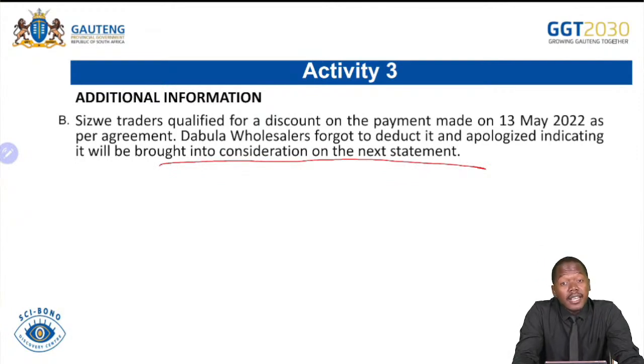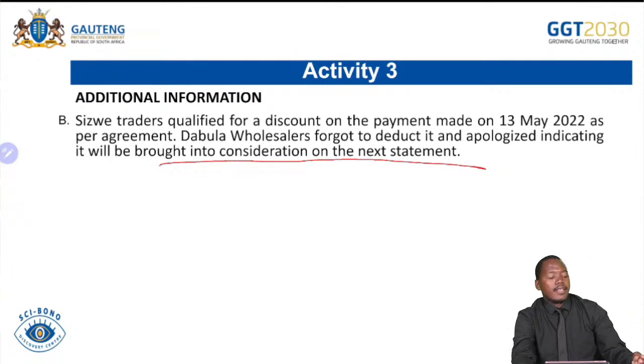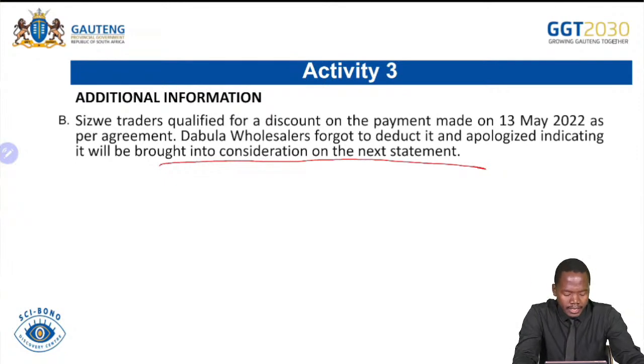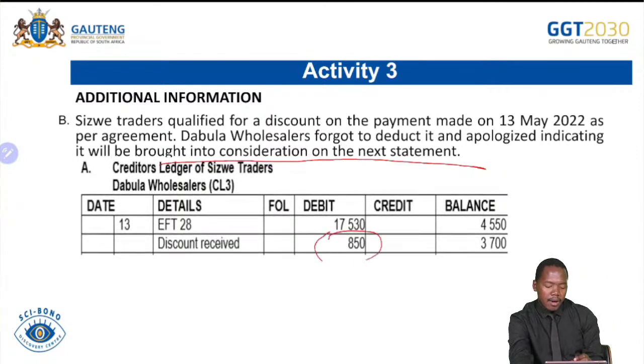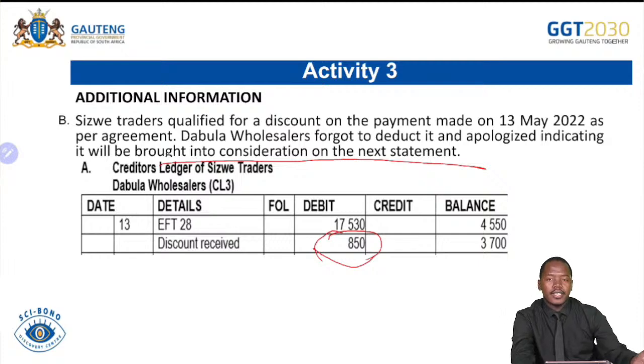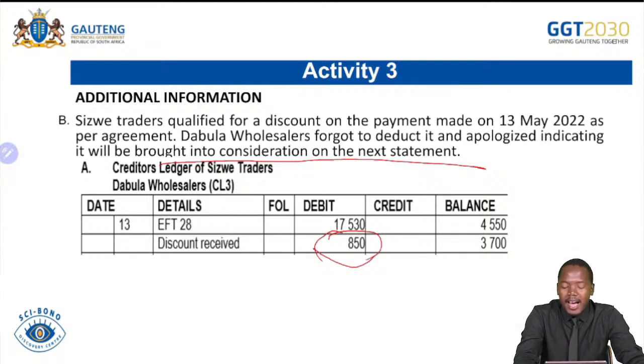Now, as you can see, grade 12, they've apologized, they've acknowledged their mistake, they will rectify, they will correct, they will bring it into their attention. Now, let's see how to deal with this. Look at the information. This is the discount that was not recorded by our supplier.